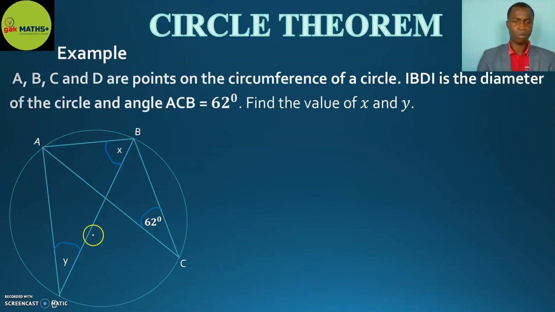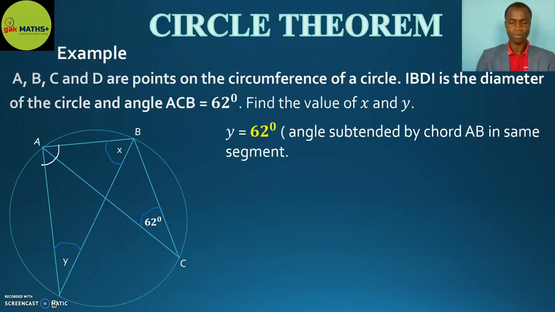Similarly, we know that the line BD is the diameter of the circle. And drawing on our second theorem, we can say that angle BAD is 90 degrees because it is subtended on the circumference from the diameter of the circle.